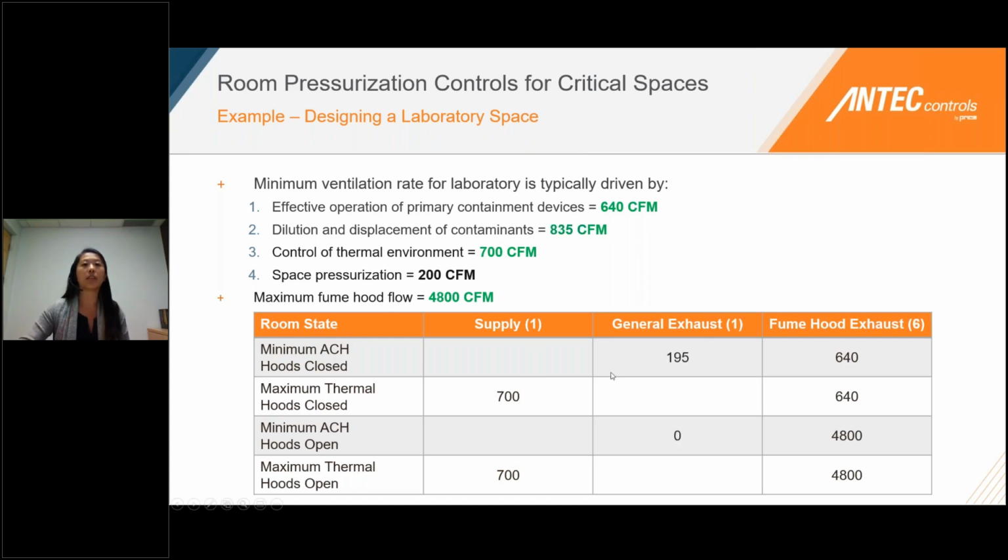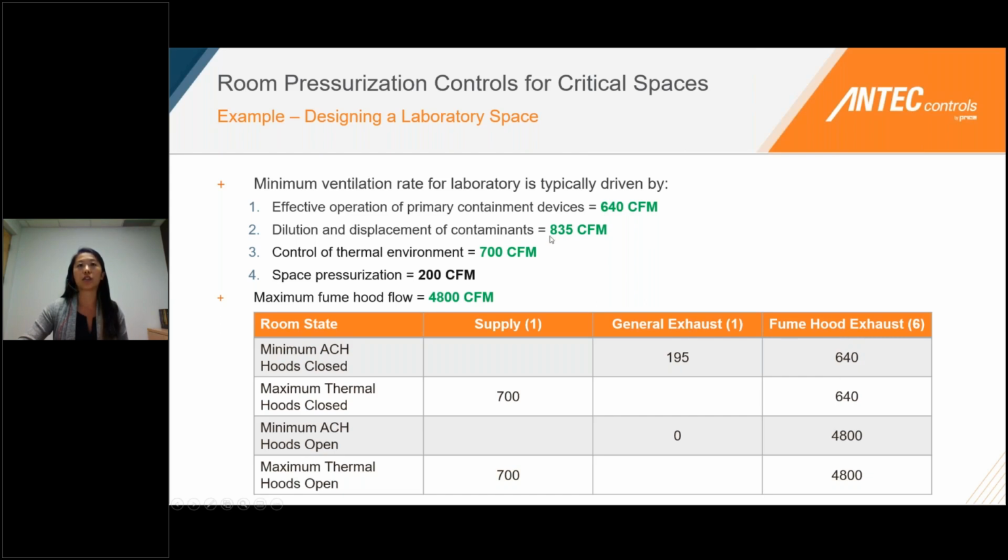The next value we have here is the dilution displacement of contaminants being 835 CFM. Again, this is based on the minimum 8 air changes per hour that are required in that space. So we just need to make sure that the total general exhaust to meet these minimum air change scenarios is at least 835 CFM. So when we look at the first scenario here, our fume hood exhaust is 640.